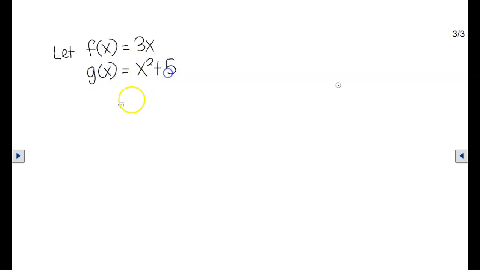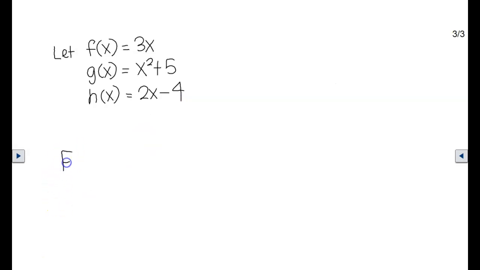So let's try this. Let's try letting f of x equal 3x, g of x equal x squared plus 5, and h of x equal 2x minus 4. So notice this time I'm giving you 3 functions.